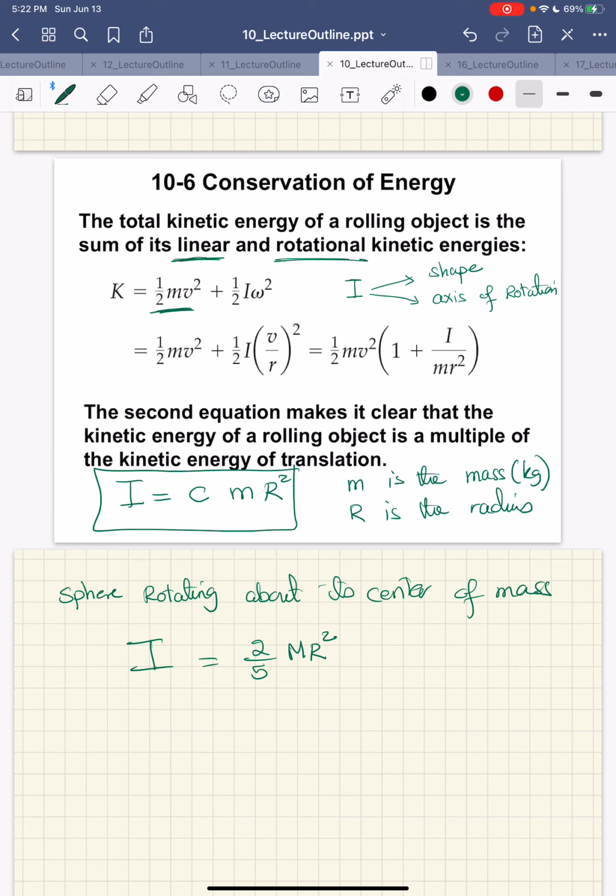For a solid cylinder, again rotating about its center of mass, it is going to be 1/2 mr squared. For a hoop, it's going to be different. Then it depends on which shape I'm looking for.